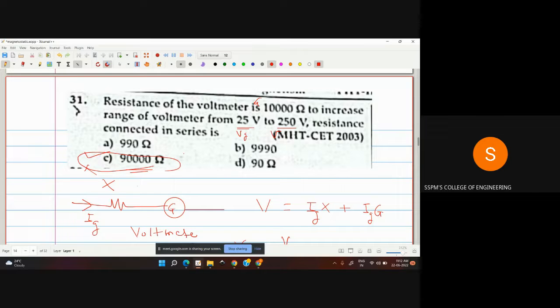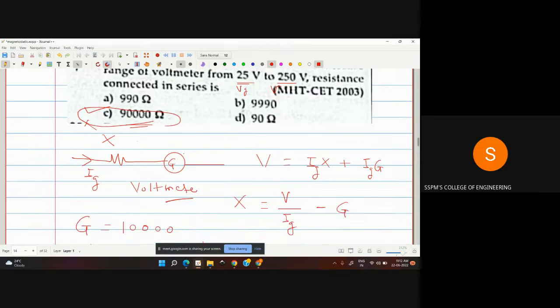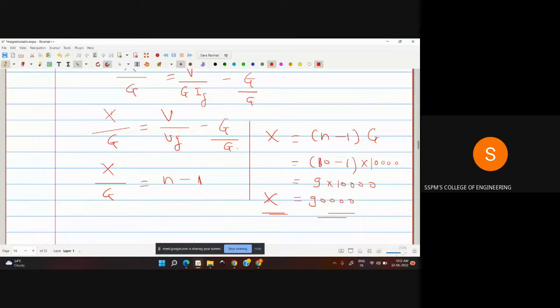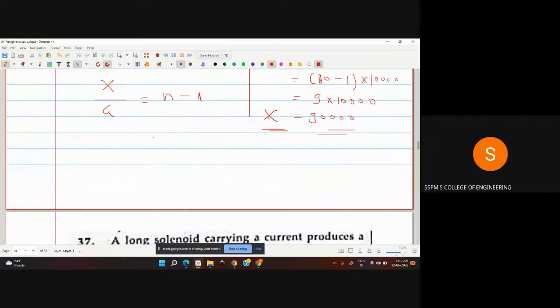90,000. Is it correct? Remember two equations. If it is a voltmeter, remember this equation: the series resistance X is equal to N minus 1 into G, where N is V upon Vg.